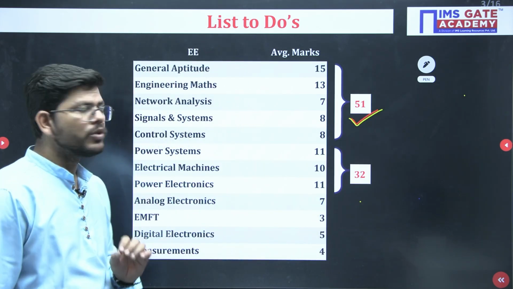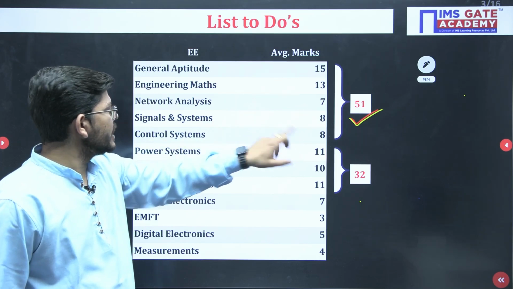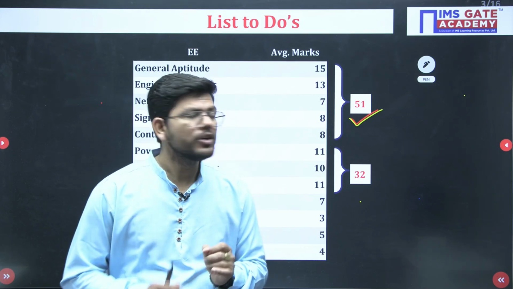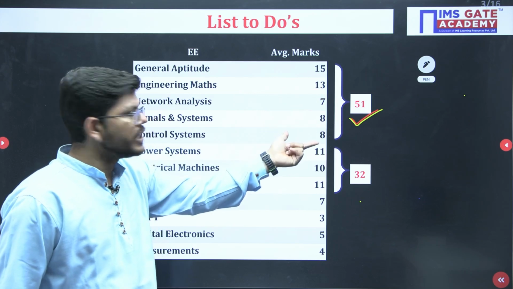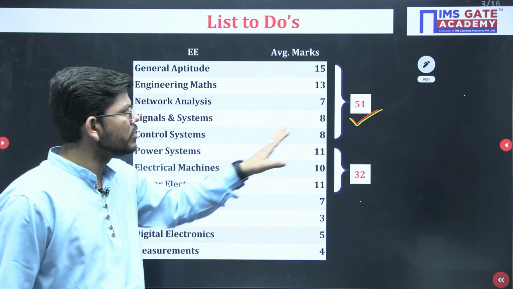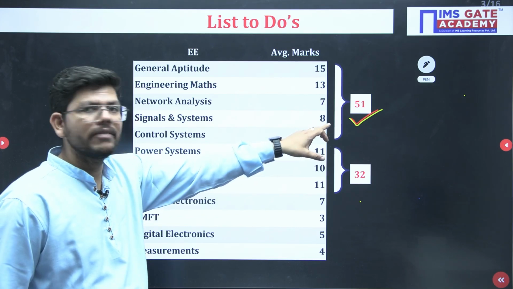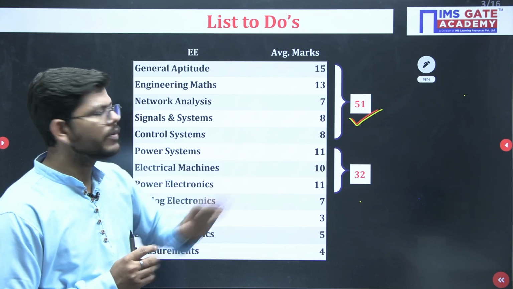So what you have to do, you have to prepare general aptitude, engineering mathematics, network, signals and control very well. Okay, you have to get an insight into these subjects. You should be very much conceptually clear in these subjects, because they have very high weightage. So this is one set of subjects carrying 51 marks.